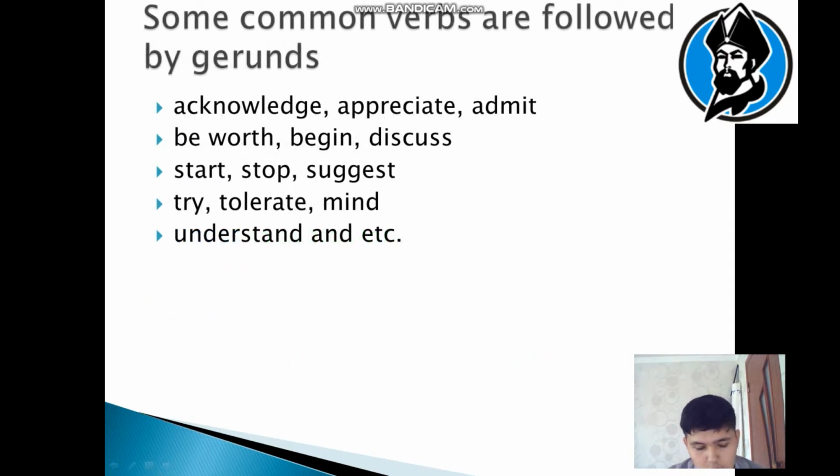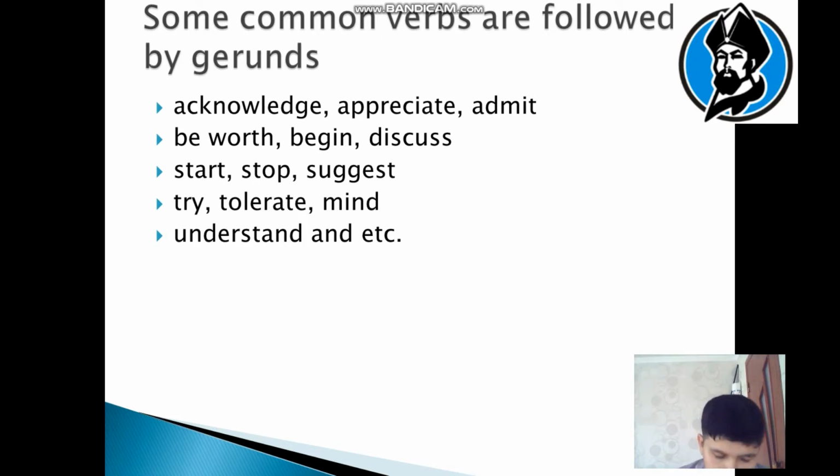How will you distinguish the gerund? You can see the gerund is usually accompanied by the object or by the predicates.